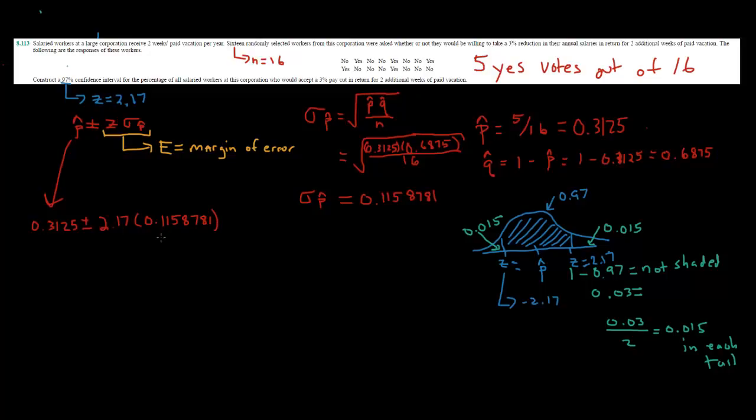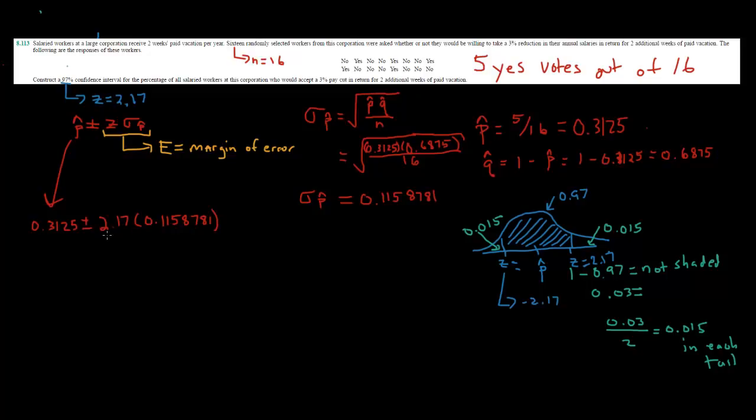That is going to give us the endpoints of our confidence interval. Remember, this is actually two solutions embedded in one expression, kind of like the quadratic formula, where you have a plus or minus in the middle. One endpoint is found by taking p hat and adding e, the margin of error.